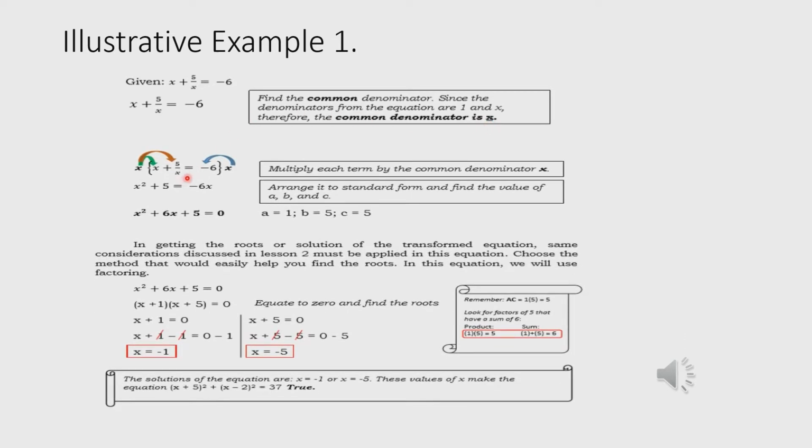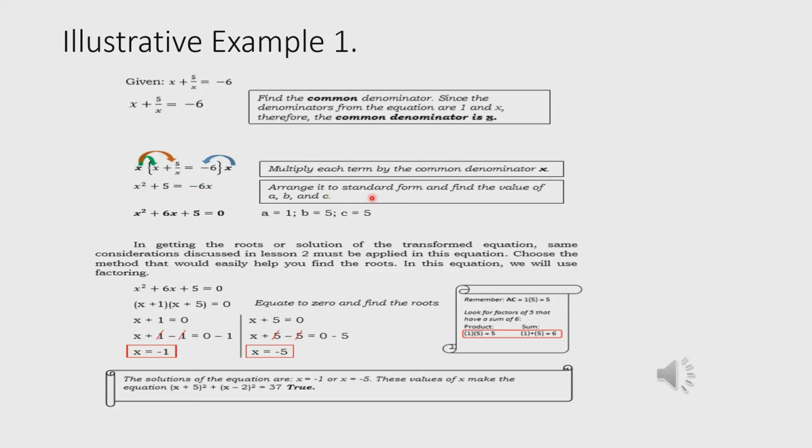Next, multiply each term by the common denominator x. Both sides of the equation, the left and the right, are multiplied by x. Using the distributive property, you get x squared plus 5 is equal to negative 6x.